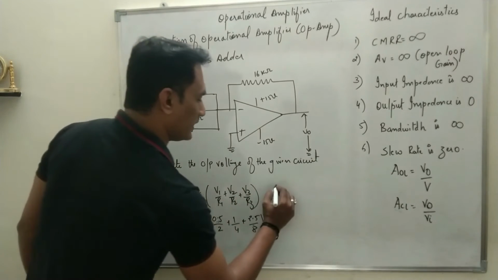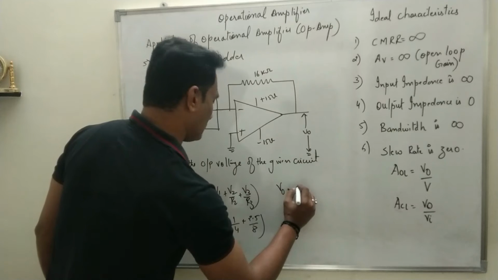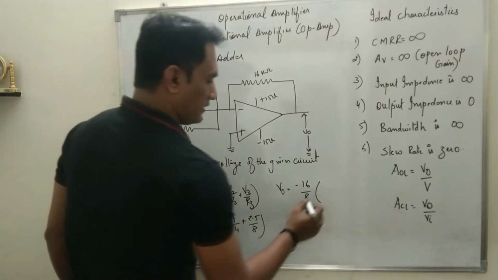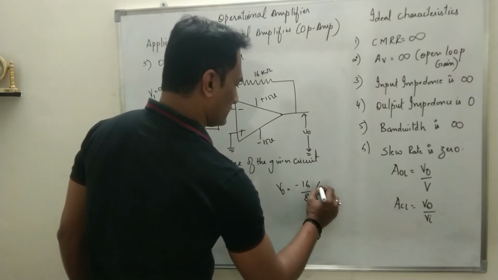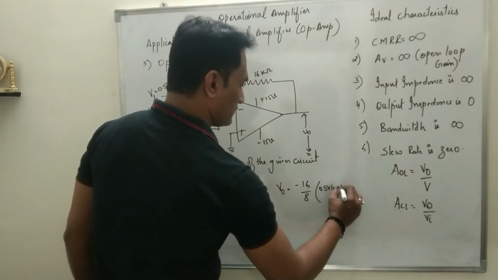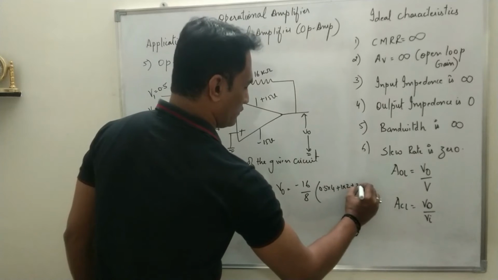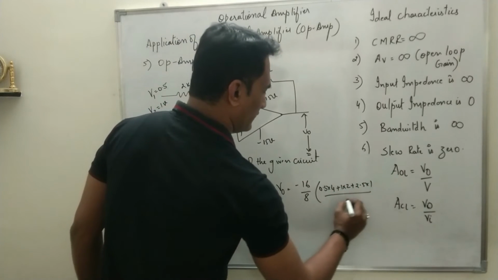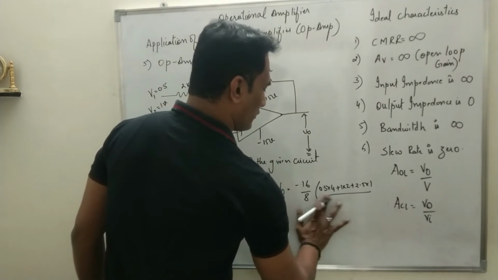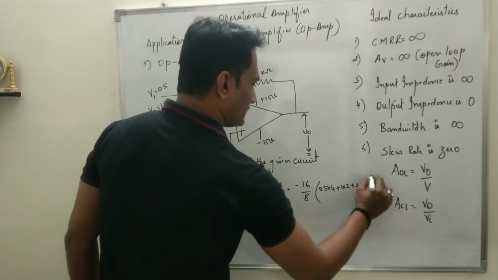Okay, so this value can be written as V0 equals minus 16 upon 8. Okay, this value can be written as 0.5 multiplied by 4 plus 1 into 2 plus 2.5 into 1, divided by 8, which will be taken out. Okay, so this is the value.